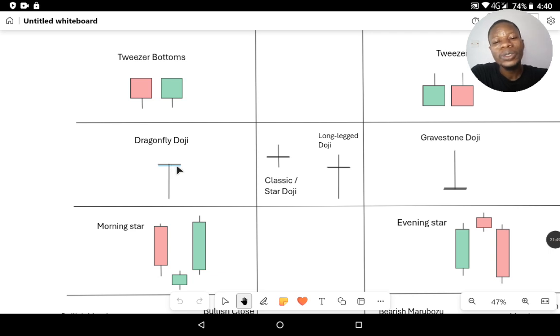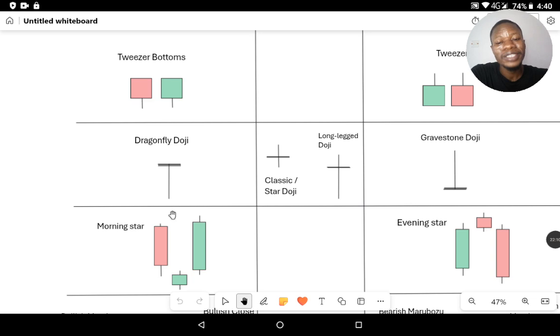So the closing price is very close to the opening price. Sometimes you might not even see the color, and sometimes you might see a little bit of green or red, but it must happen at the support level.